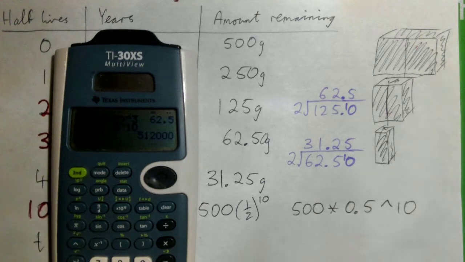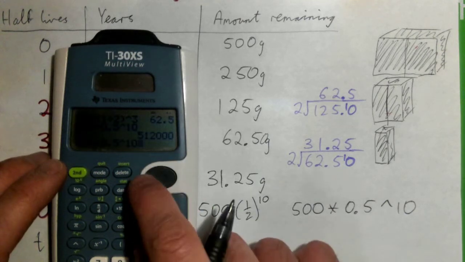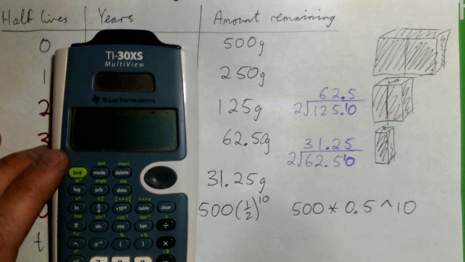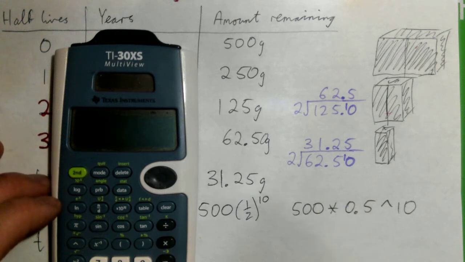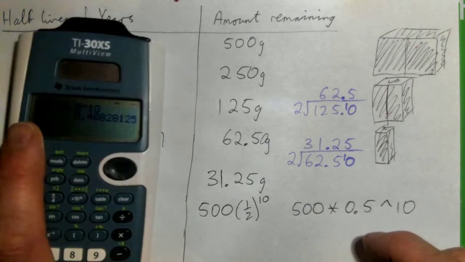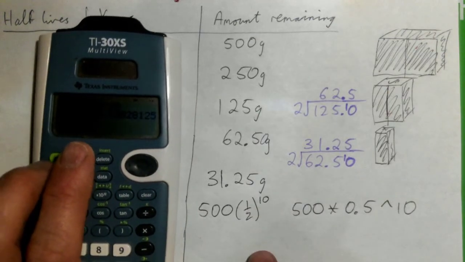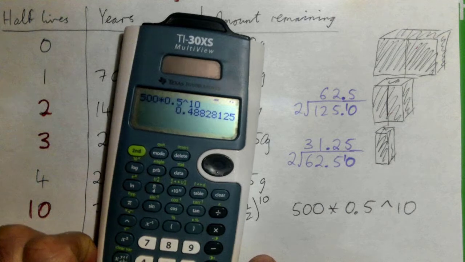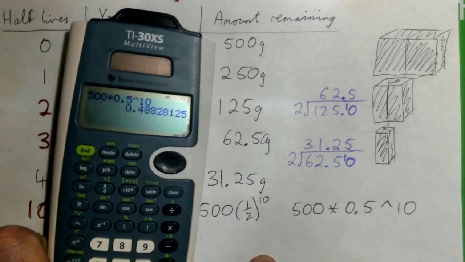Okay, and so, I did the wrong thing there. Okay, 500 times 0.5 to the power of 10. And let's just round that because we're talking about what are we measuring this in? What's our unit of measurement here? Grams, right?